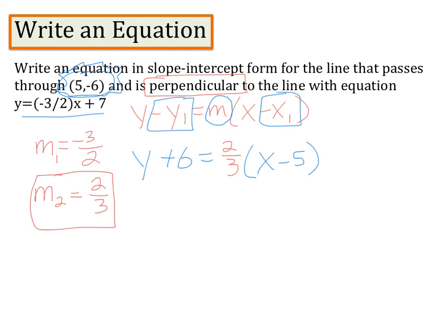So we have an equation now that's written in point-slope form that we need to turn into slope-intercept form. And we can do that by distributing that 2/3 here and then subtracting 6. So this is going to turn to 2/3 x minus 10/3, and then I'm going to subtract 6 from both sides.